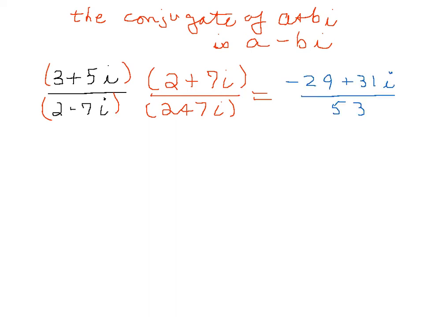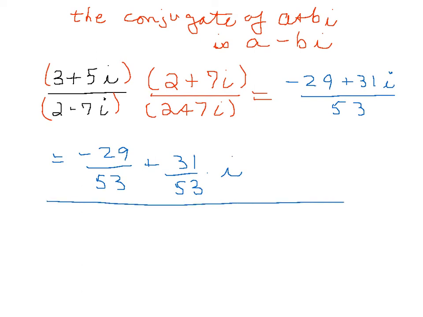So this is what you should get. And to truly write that as a complex number in the form a plus bi, I would write it as minus 29 over 53 plus 31 over 53 times i.